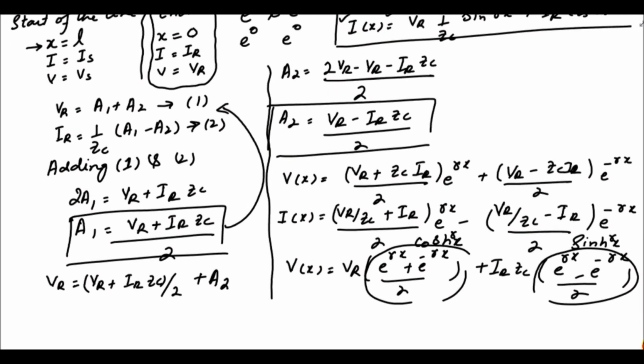But if we have to find the voltage of the sending end, then we have to apply the conditions of the start of the line. At the start of the line, the conditions are x is equal to L, V is equal to Vs, and I is equal to Is. So this is your Vx and this is your Ix.